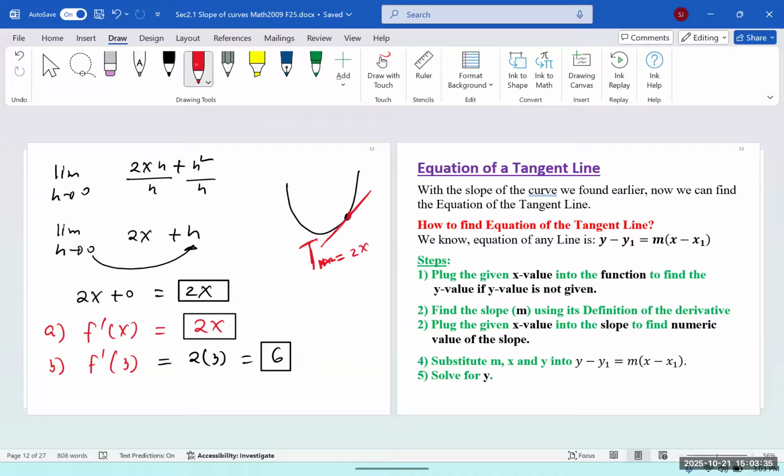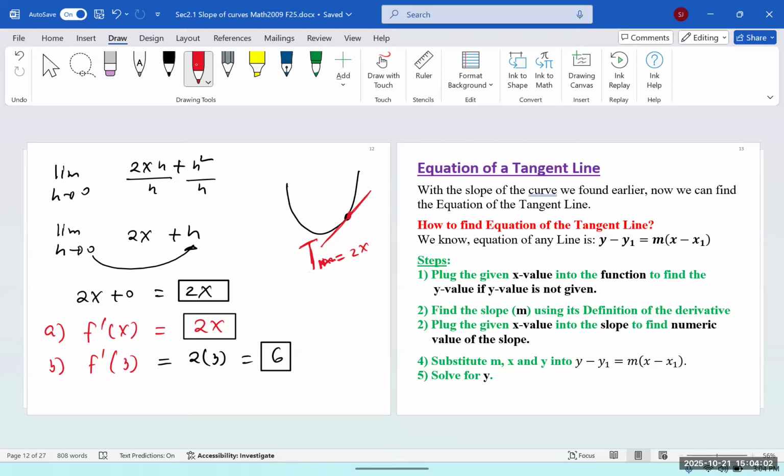Step 2, find the slope using the definition of the derivative. This is the slope equation, but we cannot use the slope equation. We need the slope number. So we substitute the x value into the slope to get a numerical value for our slope. So we have x1, we have y1, and we have a number for the slope. We substitute here and solve for y. That's all you have to do.